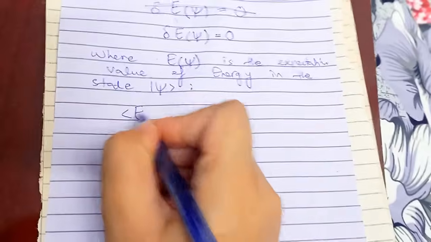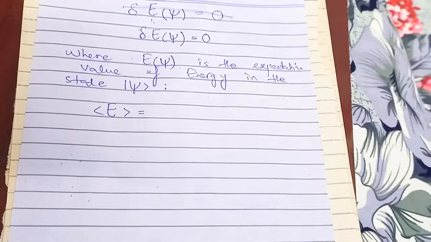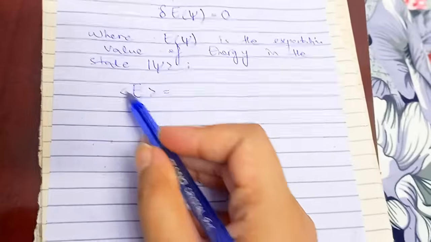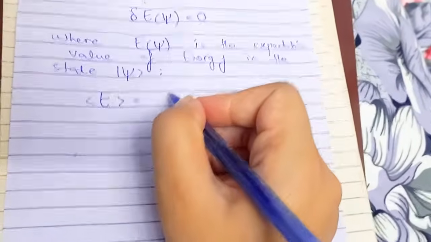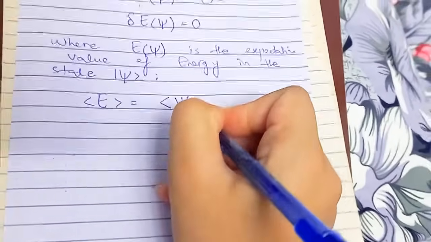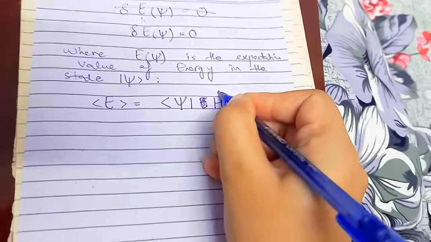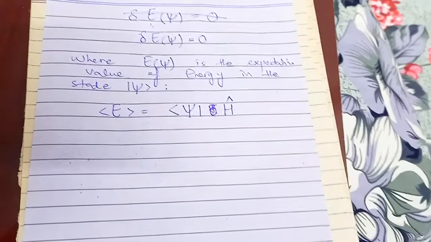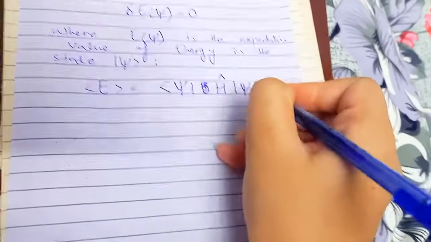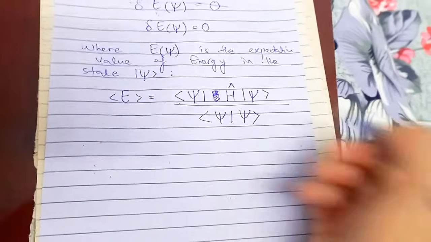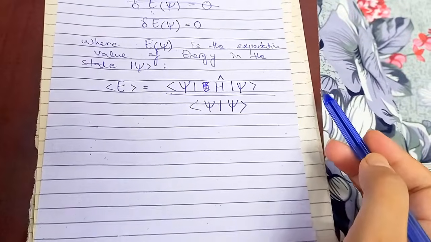and we know the formula for the expectation value of any physical quantity: we write it in these angular brackets, and that is equal to psi, H, and again psi, divided by psi psi. Not E, sorry, it's H, because the operator that gives you the energy eigenvalue is H. This is the formula to find the expectation value of whichever quantity you are considering.